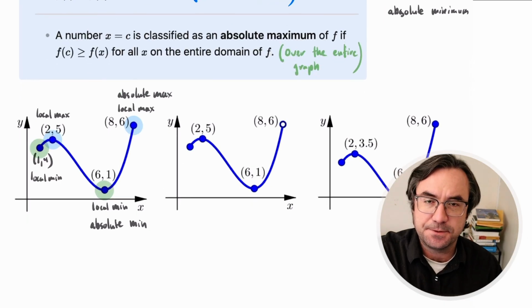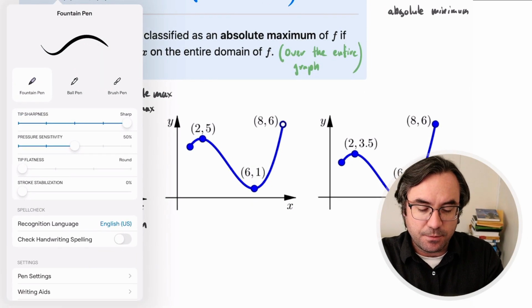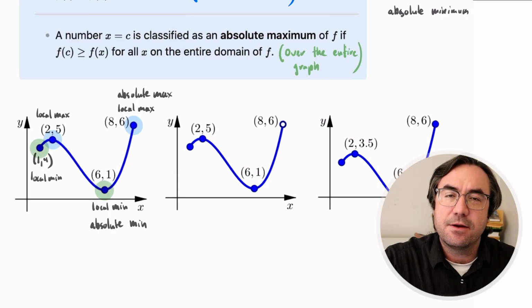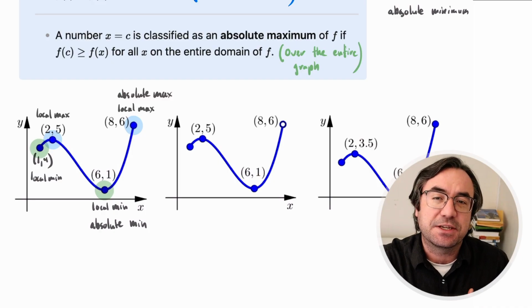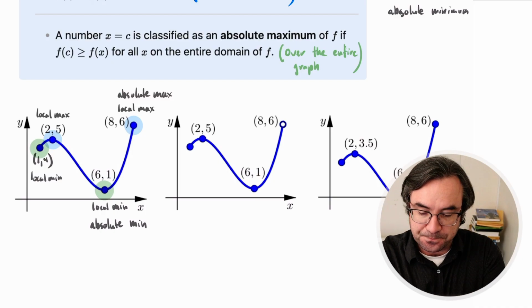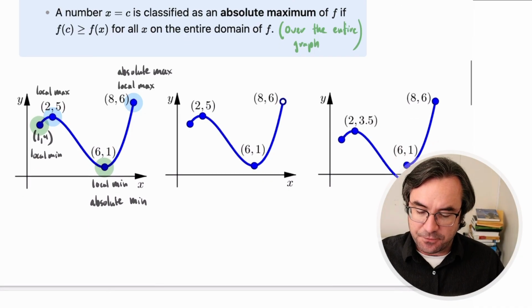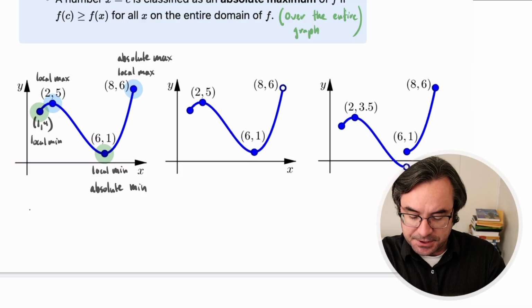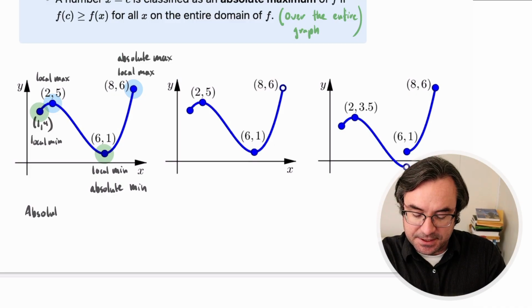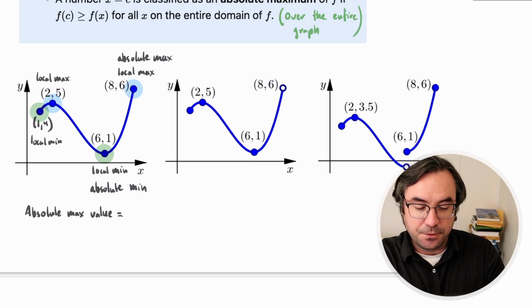So let's write this out. Sometimes when we're answering questions, we want to know what the absolute max value is. If we formally write our conclusion here, what we found on this graph is that the absolute max value is equal to, what did we find?